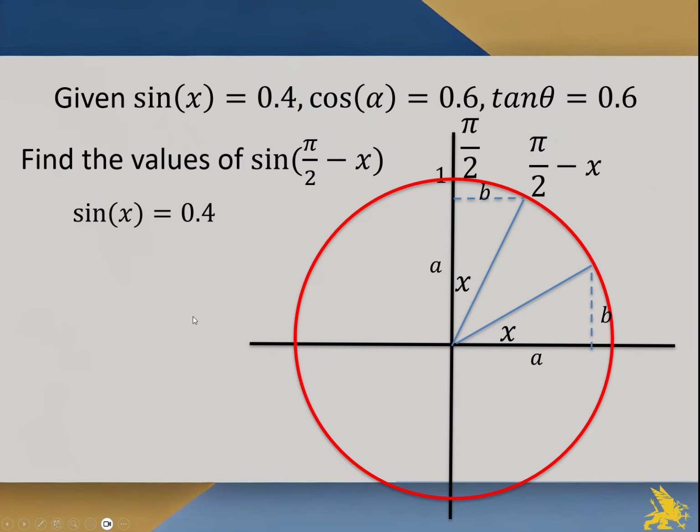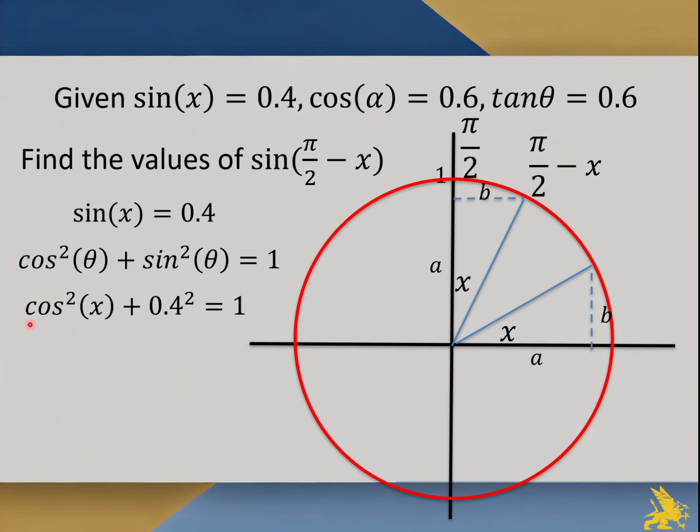For the second part, I'm going to use the Pythagorean theorem, and the reason why is I know if I'm dealing with cosine A, it is going to be equivalent to sine of pi over 2 minus x. So we need to know that complementary relationship. That means I'm just going to put in my Pythagoras theorem and substitute 0.4 into sine.